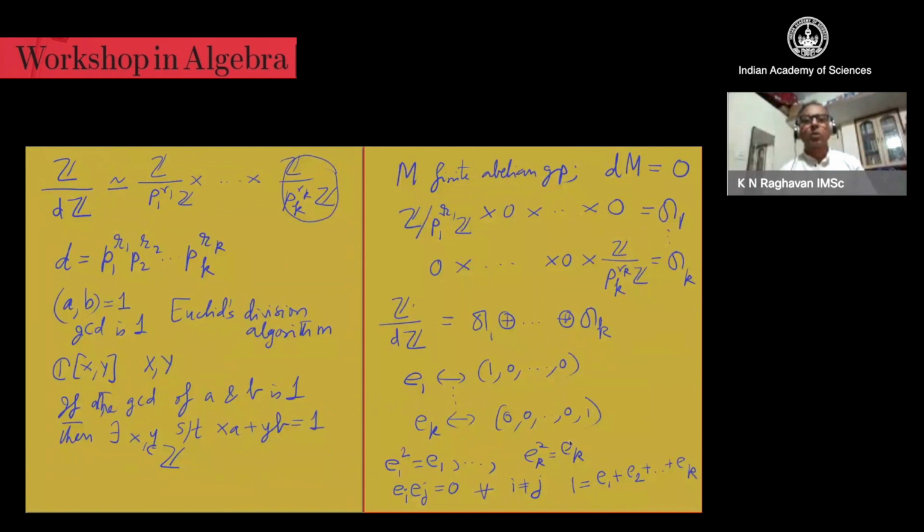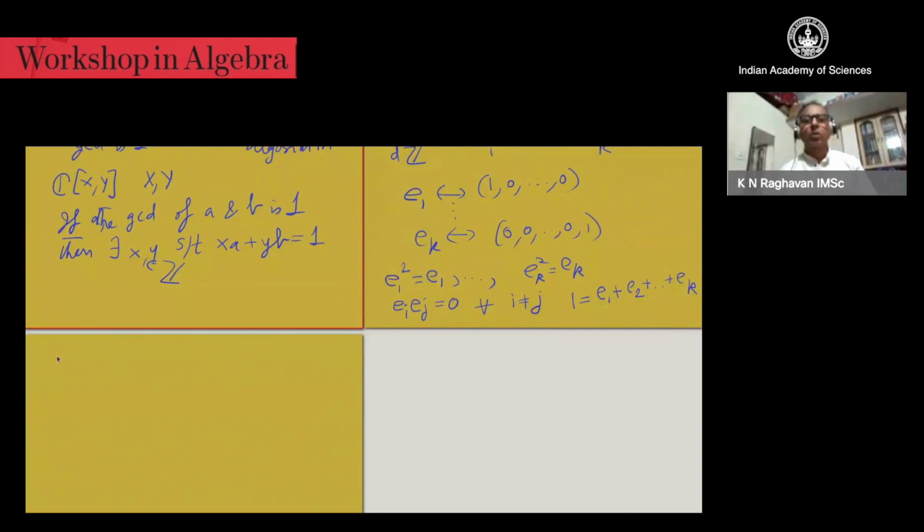So you have these idempotents, and so you can define. You start with your M, this finite abelian group, and now E1, E2, Ek are elements of this Z mod dZ, and I can think of E1M, E2M, EkM. Now these are submodules of M, and we have actually this.